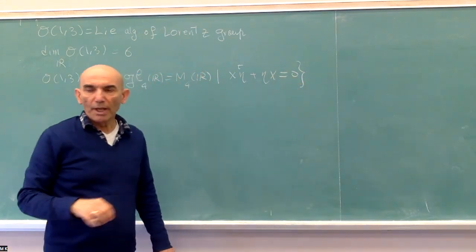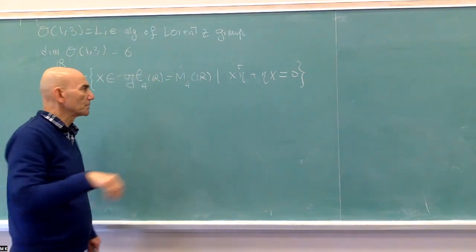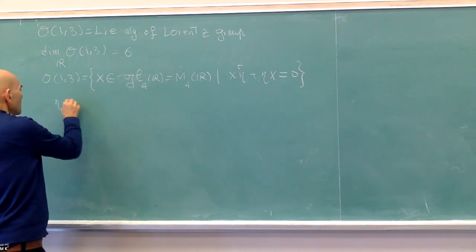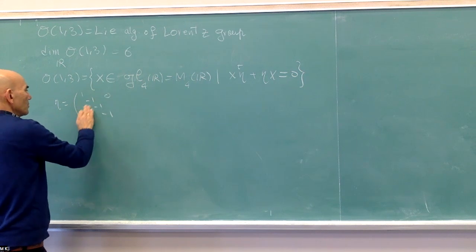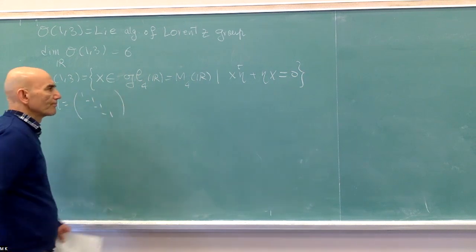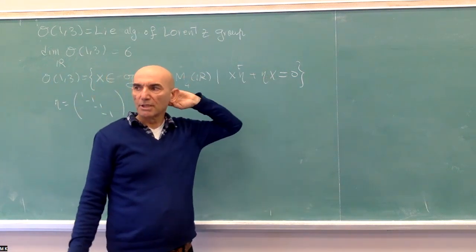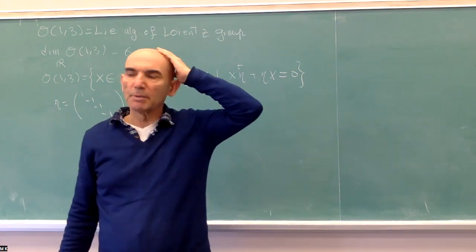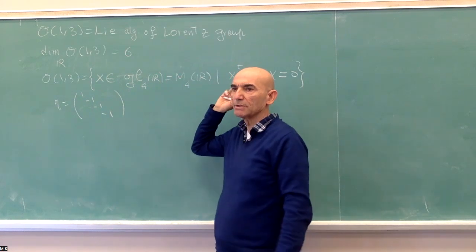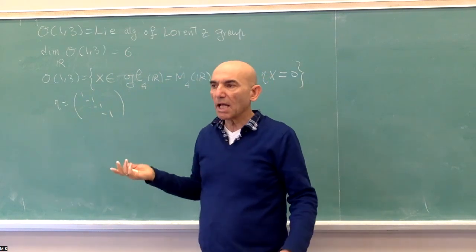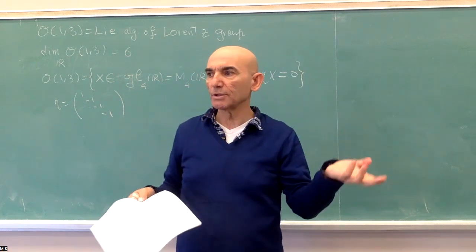But eta was this diagonal matrix, 1, -1, -1, -1. From here, you can easily show that the dimension is actually 6. Imagine if eta was just the identity, this would be skew-symmetric matrices, because in that case we would be dealing with the Lie algebra of the orthogonal group in the case of a positive definite metric.